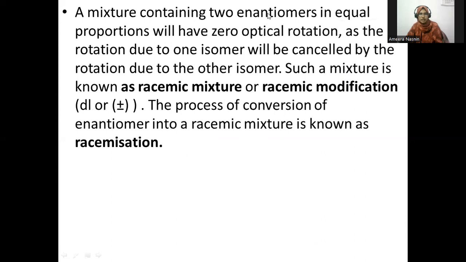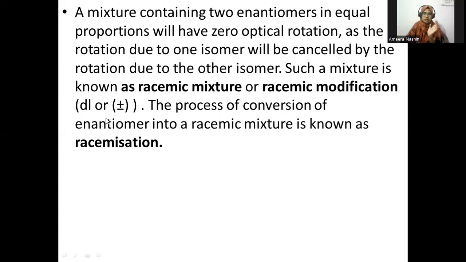A mixture containing two enantiomers in equal proportions will have zero optical rotation. Why? As the rotation due to one isomer will be cancelled by the rotation due to the other isomer. One of the enantiomers will turn the plane polarized light towards the right and the other one will turn it towards the left side. So these two effects get cancelled with each other, and in net effect we will observe zero optical rotation.